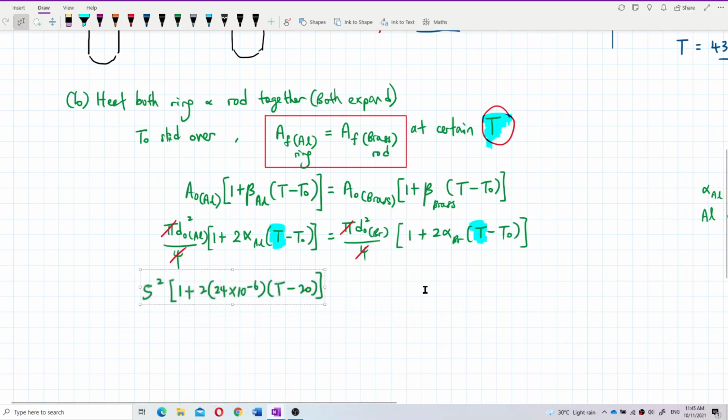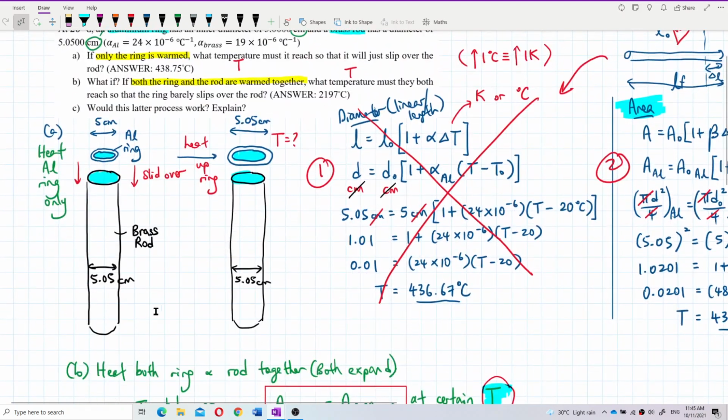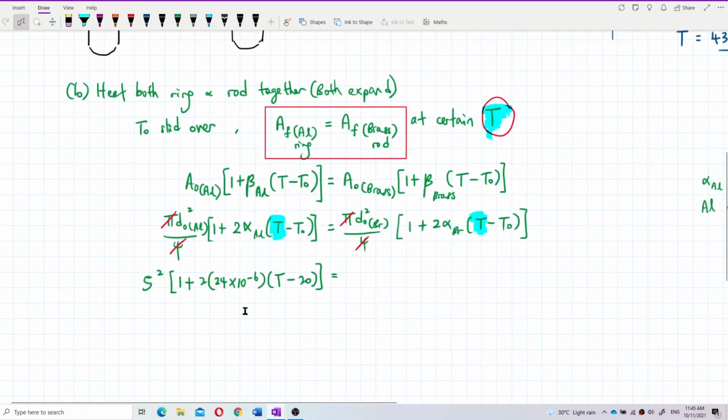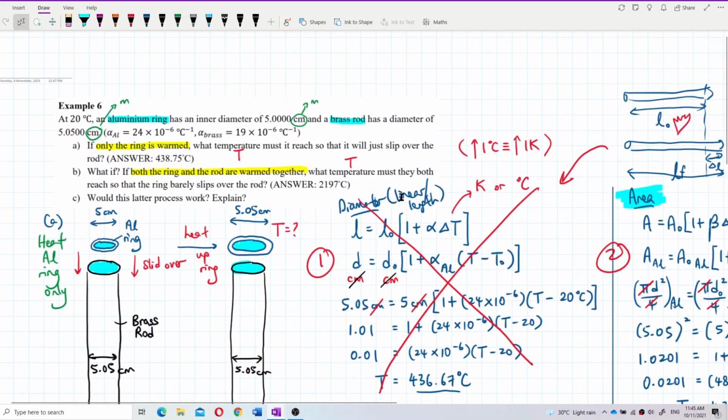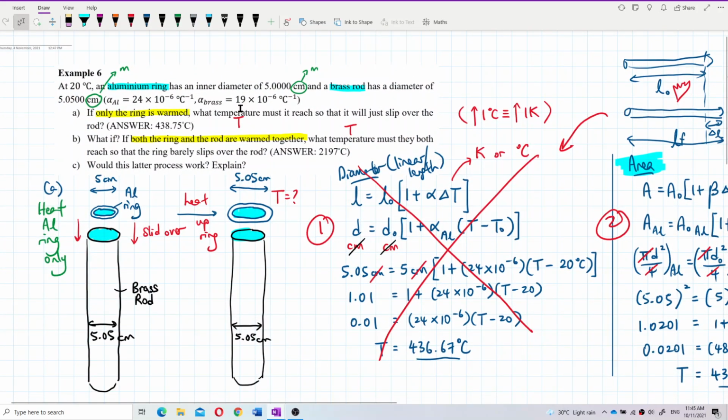Equal to, for the brass rod, the initial diameter is 5.05, and then 1 plus 2 alpha. Alpha for brass is 19 only.